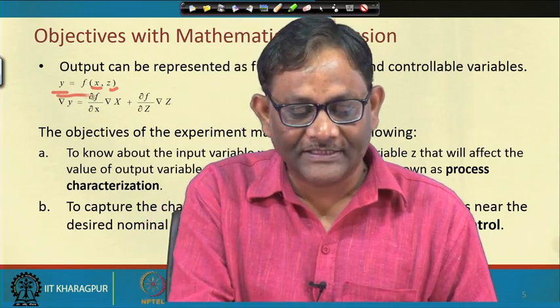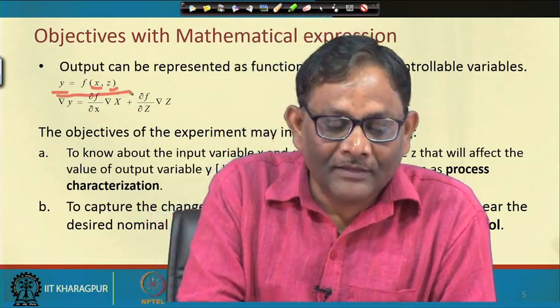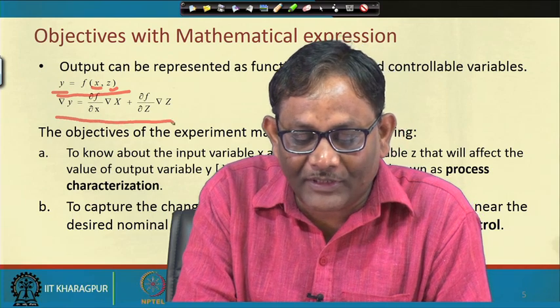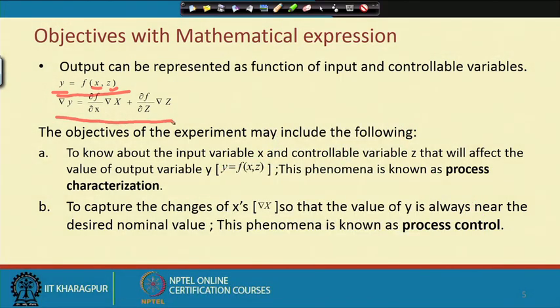So, if this is the relationship, then from the variability point of view, you can write that the variability of y is delta y, the variability of x is delta x and the variability of z is delta z, then this kind of relationship can be written, that you have seen. So, delta y will be del f by del x into delta x plus del f by del z into delta z.